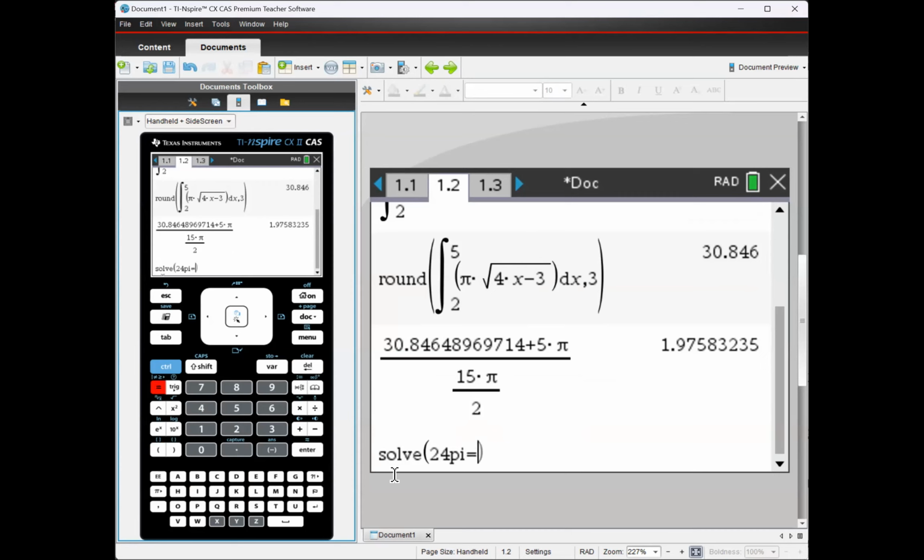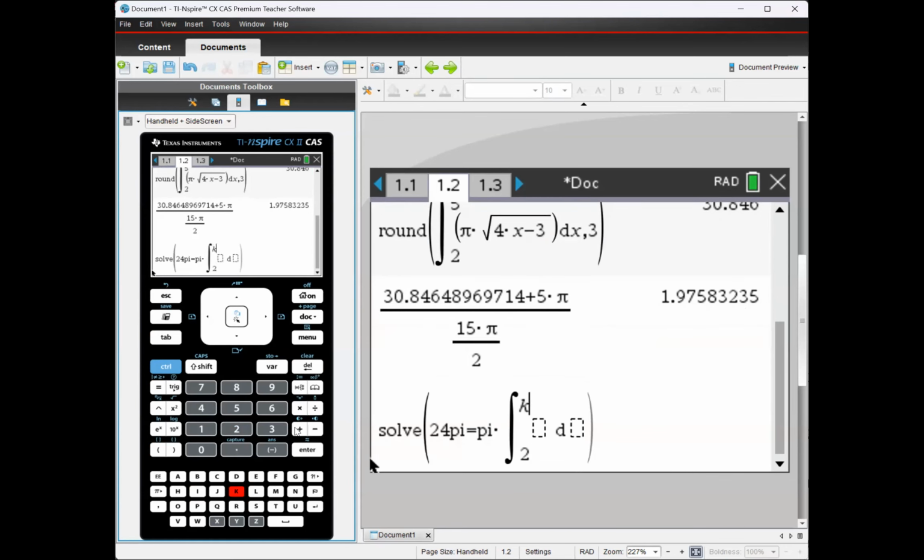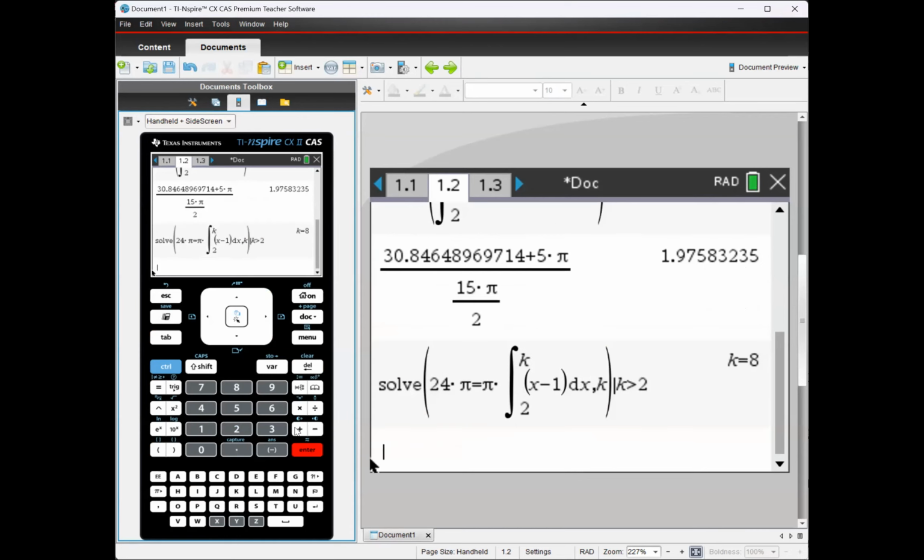This is a volume, remember? So we have k equals 8. And next thing is we want to find the efficiency ratio for this solid, giving your answer correct to decimal places.